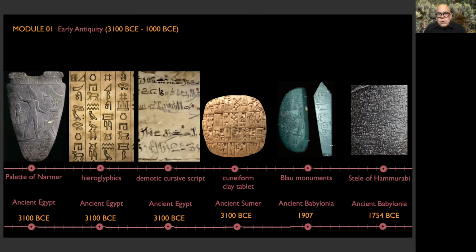Then we moved to ancient Sumer, and we looked at the early development, in the same period as the development of the palette of Narmer in the late 4th millennium BCE, of clay tablets with cuneiform writing on them.